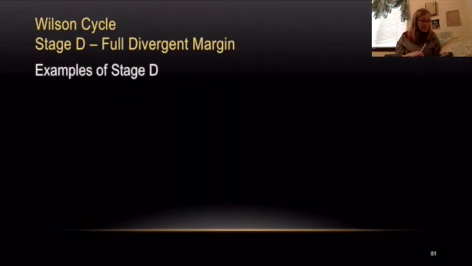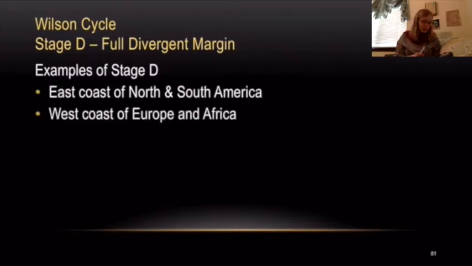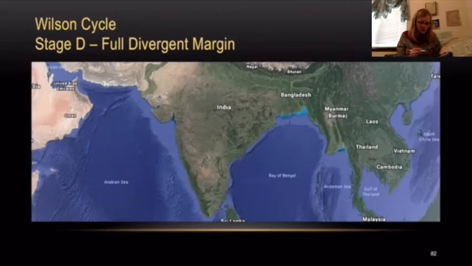Examples of stage D: the east coast of North and South America, the west coast of Europe and Africa, around India, all the way around Australia. Lots of good examples. These are areas that don't have current tectonic activity. India is a great example of this. It's just super quiet all the way around.